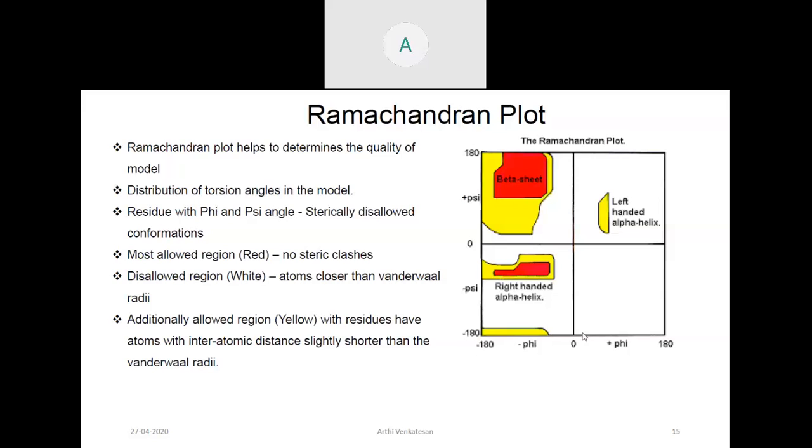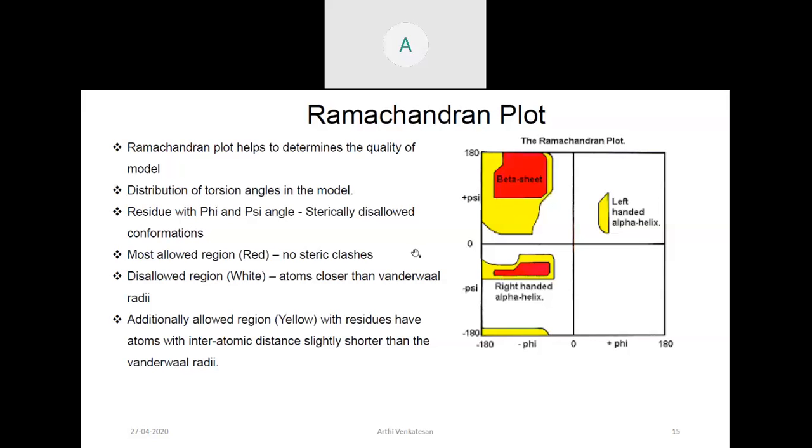The disallowed region is where atoms are closer than the van der Waals radii. If it is an allowed region, residues have atoms with acceptable interatomic distance. You can check the interatomic distances against the van der Waals radii and conclude the quality of the model.